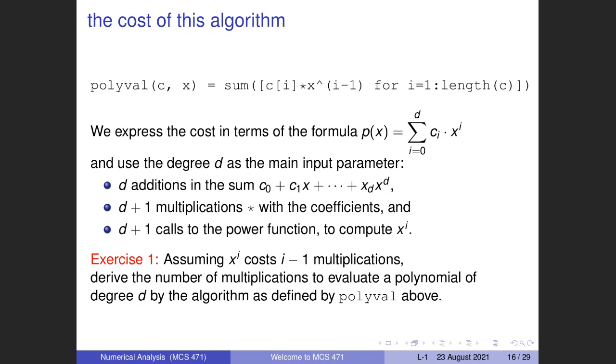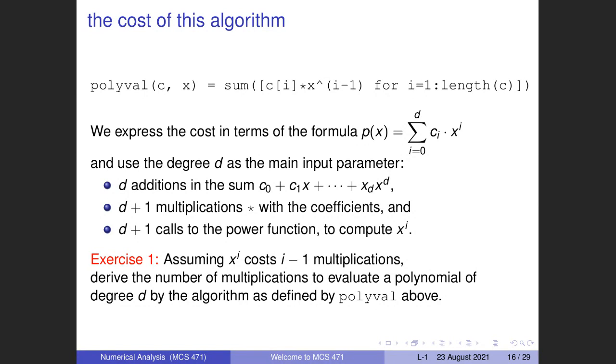With the multiplications, you could say, but wait, there is c naught, and I actually don't multiply. Well, in the algorithm, you do c naught times 1. So we actually have one more multiplication there. And the way it is formulated, I'm actually looking exactly at the first line on this slide, we actually do have a call to the power function.